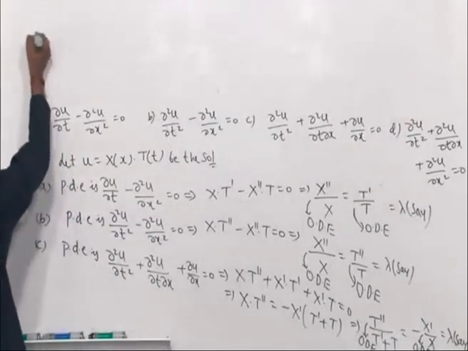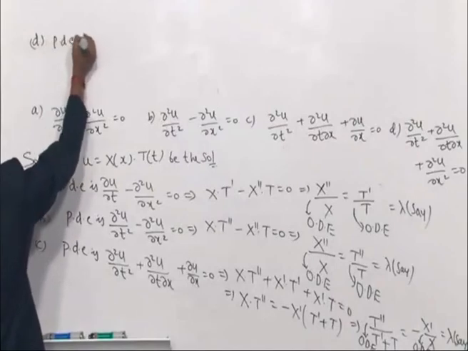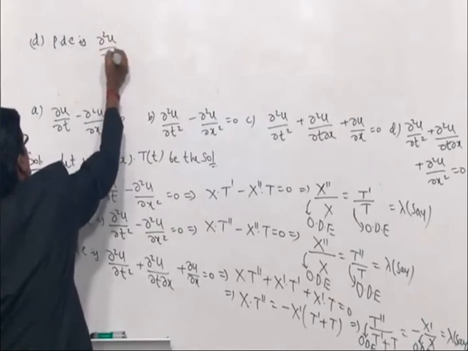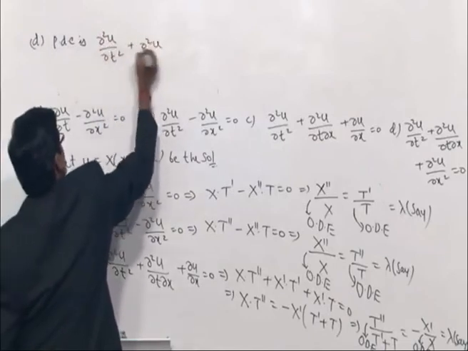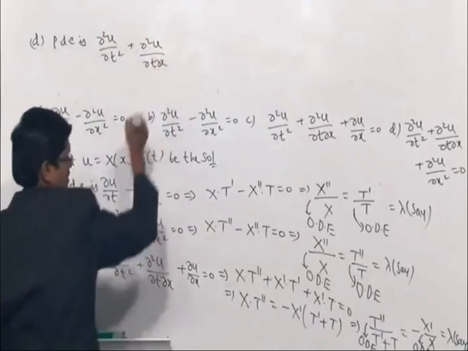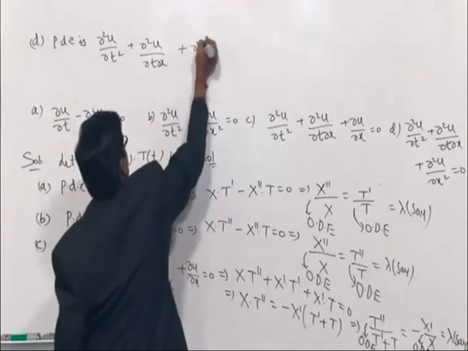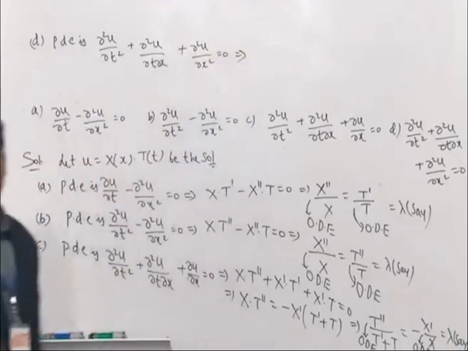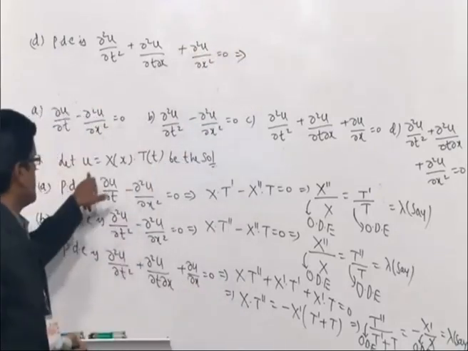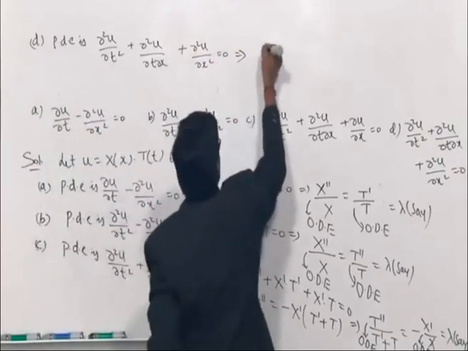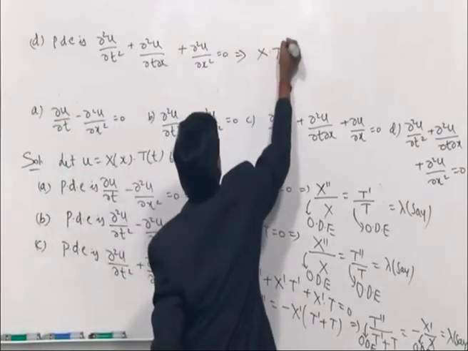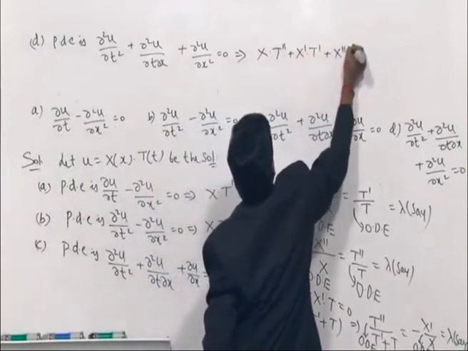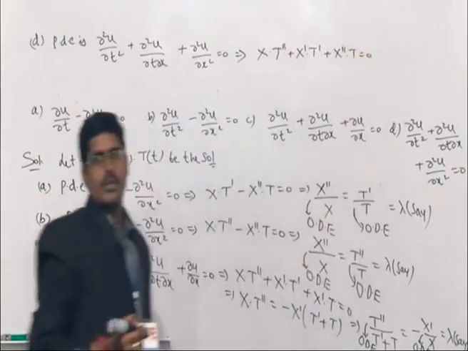Option D, PDE is dou square u by dou t square plus dou square u by dou t dou x plus dou square u by dou x square is equal to 0, which implies, substituting with this solution, this becomes x times t double dash plus x dash t dash plus x double dash into t is equal to 0.